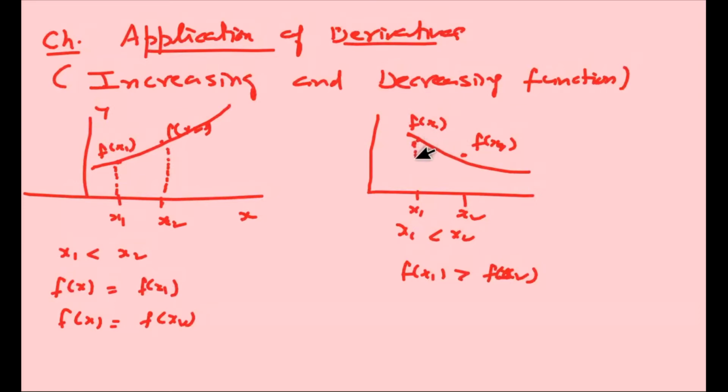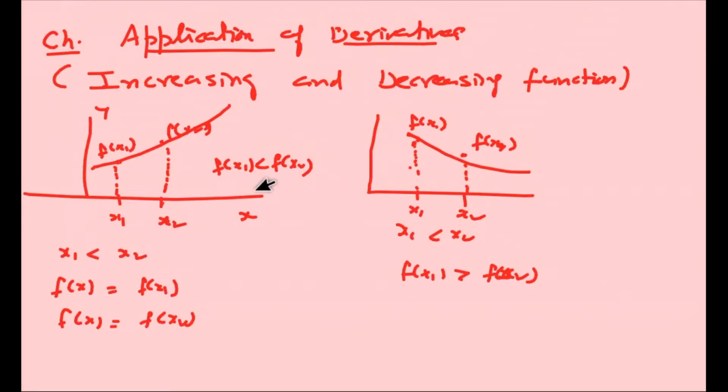So you are seeing here f(x1) is greater than f(x2). Here f(x1) is less than f(x2). So these two types of graph you can find when you put the values of x1 and x2.